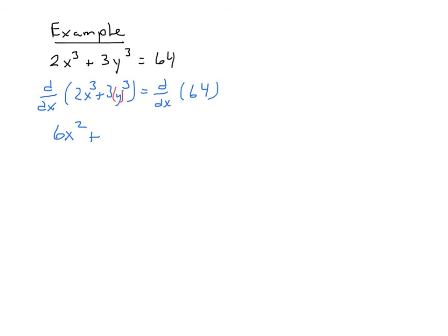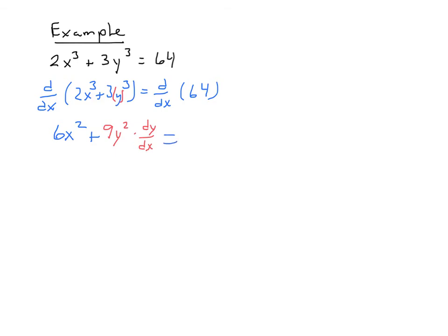When I take the derivative of this thing cubed, I take the 3 times that 3, so I'll get 9y squared, times the derivative of the inside function, which is y, with respect to x. So I'll get times dy/dx. Again, if you prefer, instead of dy/dx, you can put y prime. That's not a problem.